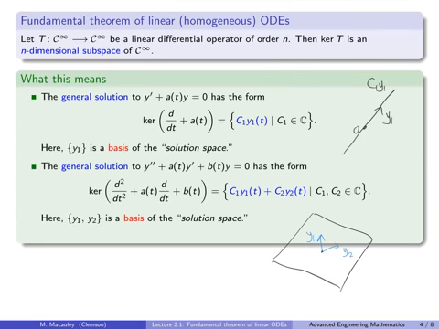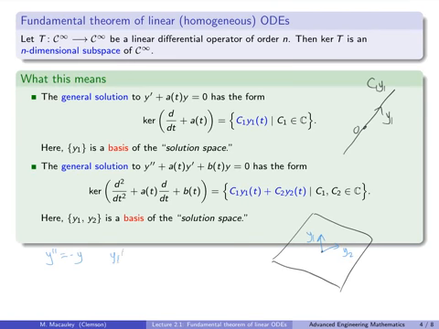But let's consider the ODE y double prime equals negative y. So this is linear and homogeneous. Well, because if you move this to the left-hand side, then the right-hand side, g of t, is equal to 0. And hopefully you remember that the following are both solutions to this ODE.